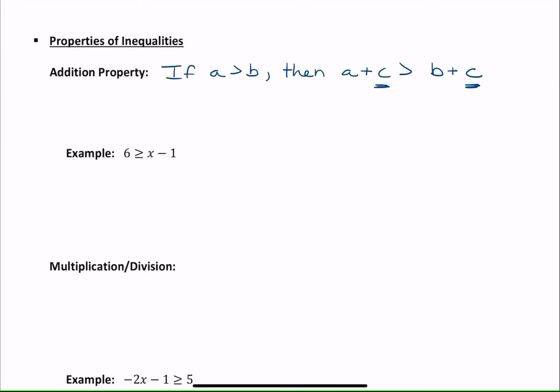And it works the same way if you're subtracting, or if it was A is less than B, then if you added the same thing, the A plus C would be less than B plus C.